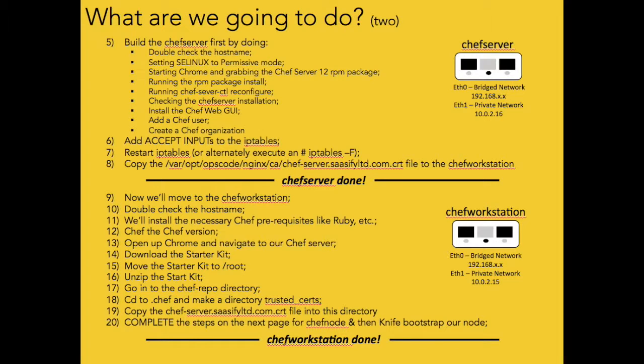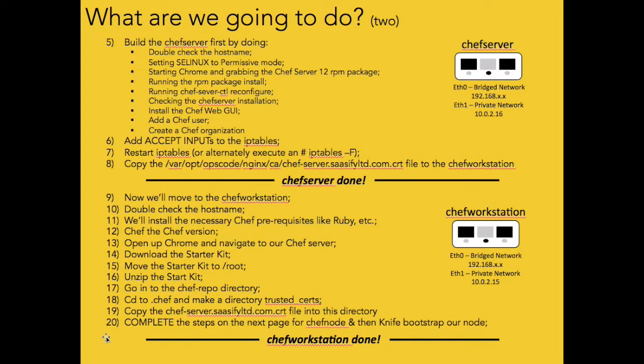It's free from the Chef site. And then we're going to run the package install, configure the server, and get our GUI version up and running. We're going to then add a Chef user, create an organization, modify the iptables so that the firewall works for us, and then we're going to jump into the Chef Workstation, number 9 here.